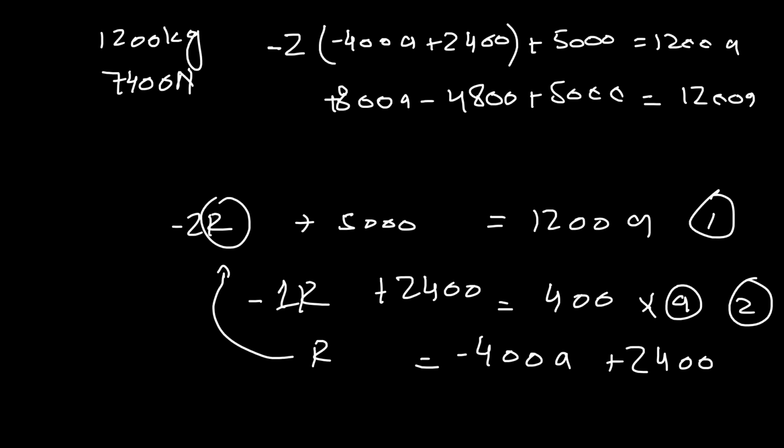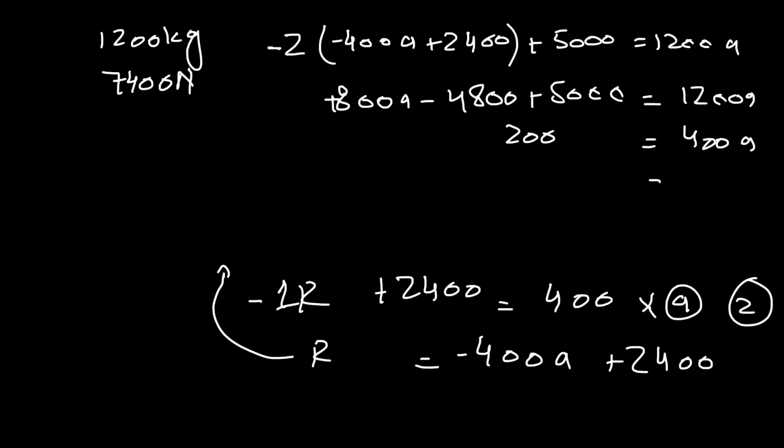So minus 4800 plus 5000 is 200, and minus 800 plus 1200 is 400. So A will be 200 divided by 400, that is 0.5.